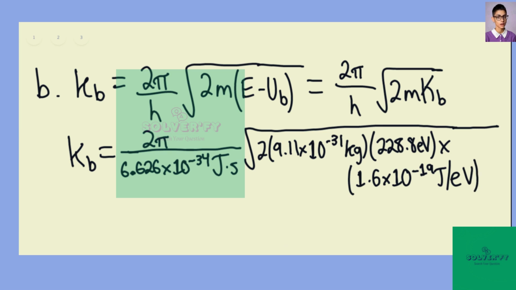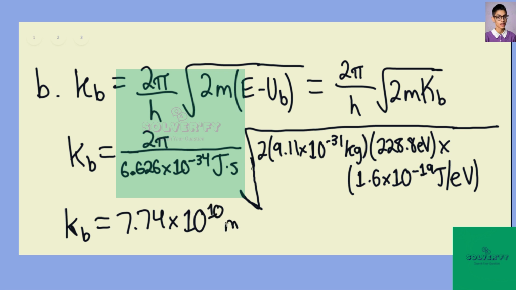So we need to convert to joules, and this would be the square root of the entire thing. So the wave number, lowercase k, in region 2 would be 7.74 times 10 to the 10th per meter, or meter to the negative first. This would be your answer to part B.